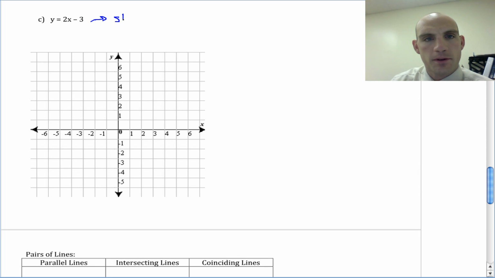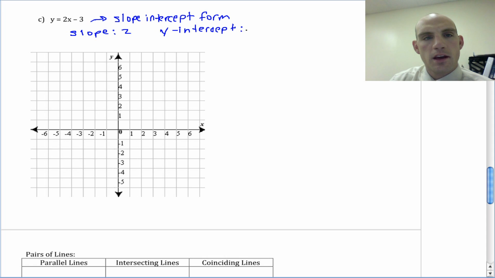This is going to be slope-intercept. And my slope is going to be 2. My y-intercept is going to be negative 3.